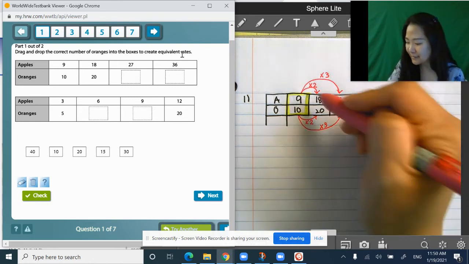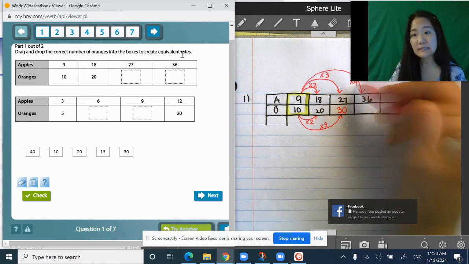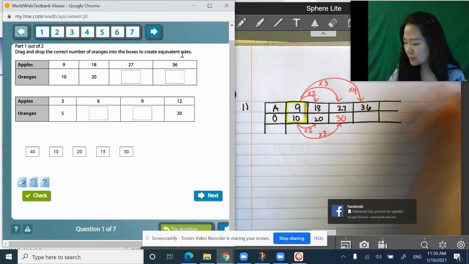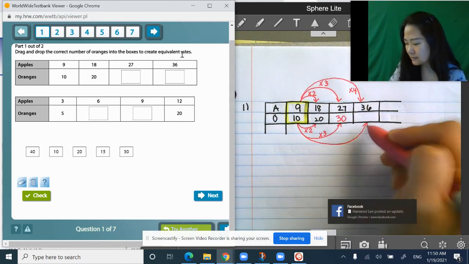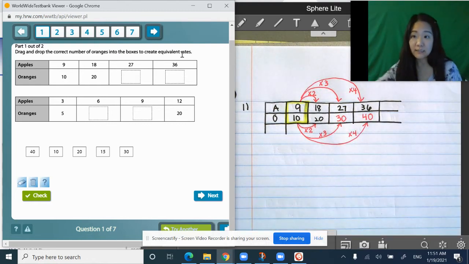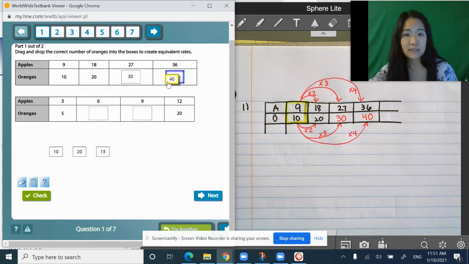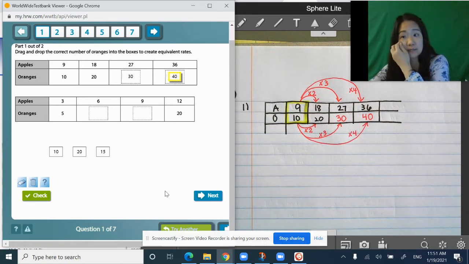Next one. I know that 9 times 4 is 36. So then I'm going to do 10 times 4, which would give me 40. And then I'm going to drag 30 here, 40 here. And then I need to do the same thing over here. And then once you drag them right and check, you should be able to get to the right answer.